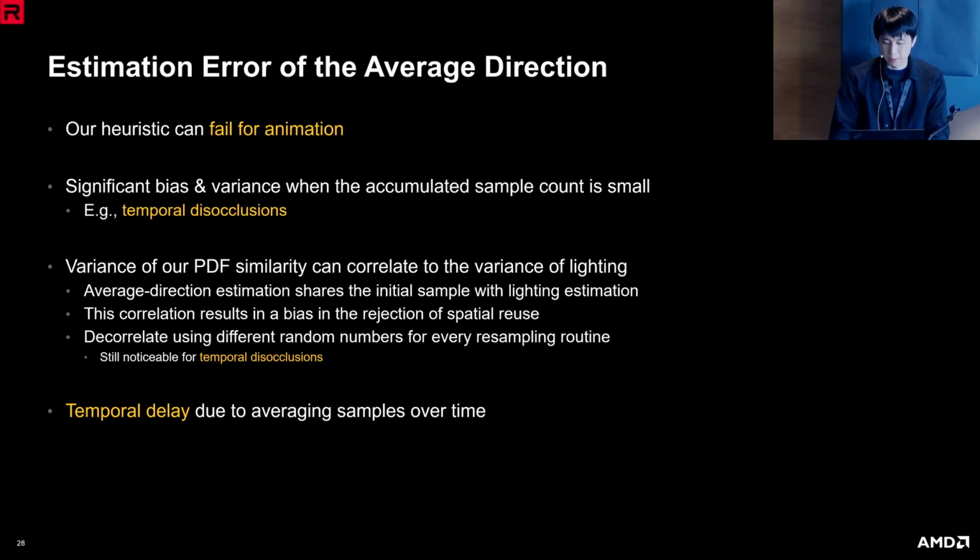Furthermore, the variance of our PDF similarity can correlate to the variance of lighting, because our average direction estimation shares the initial samples with lighting estimation. This variance correlation results in a bias in the rejection of spatial reuse for the lighting estimation.